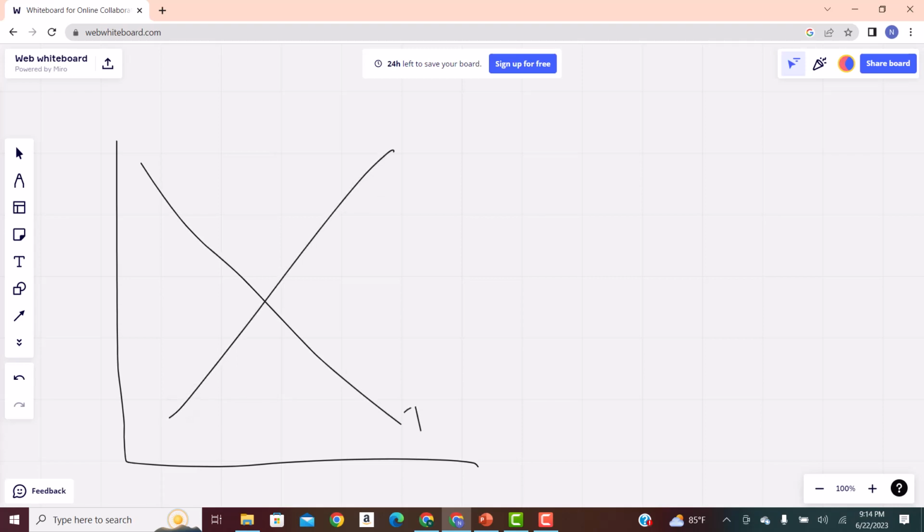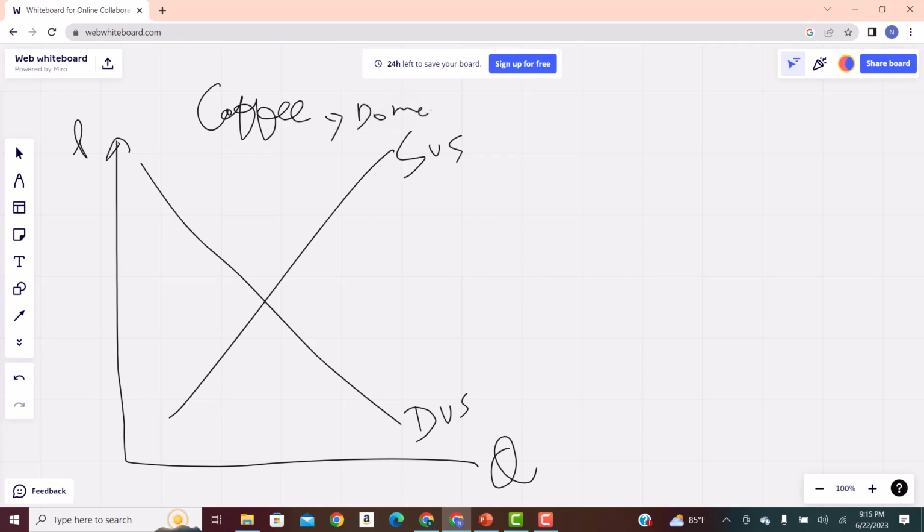This is the demand for the product in the US. This is quantity, this is price. Let's say this is coffee, and this is the supply in the US. So now only this is domestic. Coffee is only produced by domestic farms in the US, and this is the supply, this is the equilibrium price, and this is the equilibrium quantity, right?